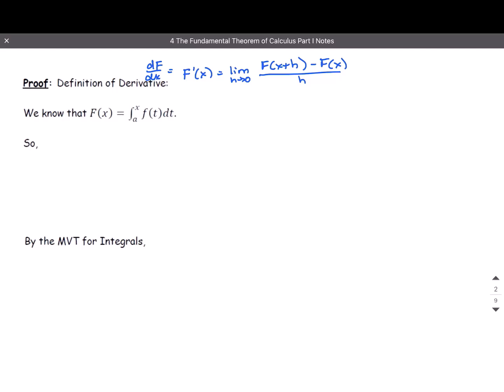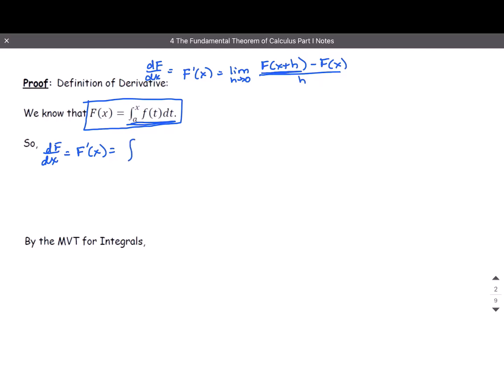We also know that this is our given, F of x is the integral from a to x of f of t dt, okay? So that means that our dF/dx, or our F prime of x, is going to equal, now I'm going to take this F of x plus h and substitute it into here.